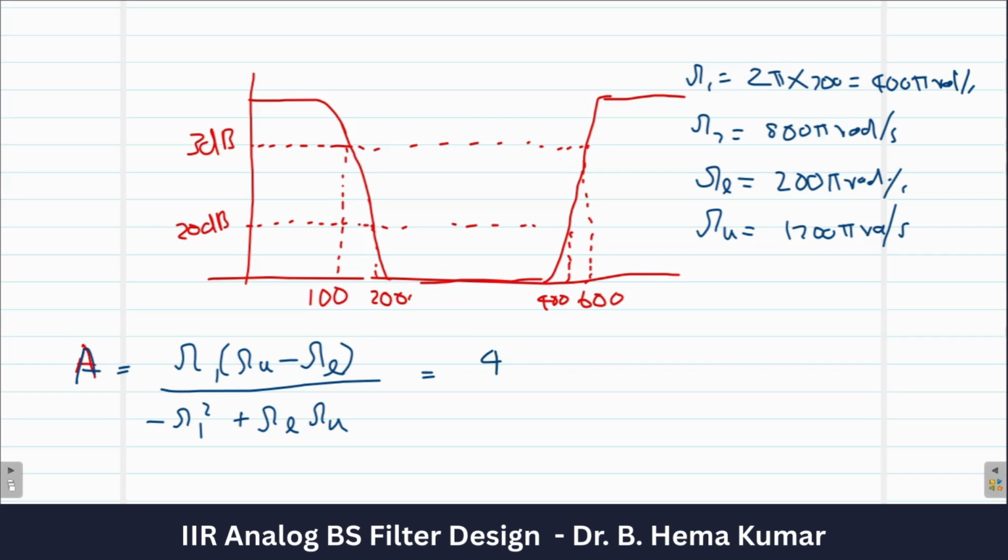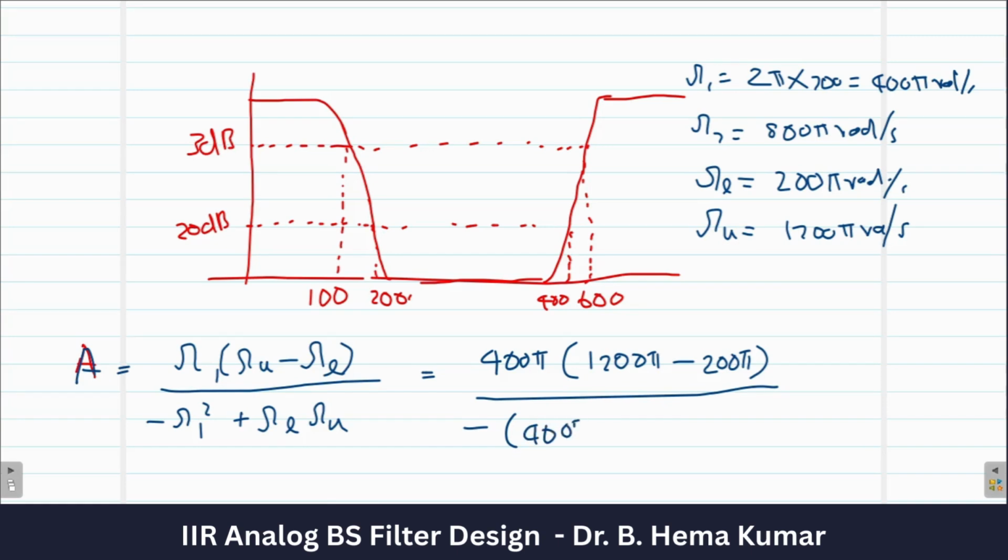Here it is 400 pi into 1200 pi minus 200 pi, divided by minus 400 pi whole square plus 1200 pi into 200 pi.